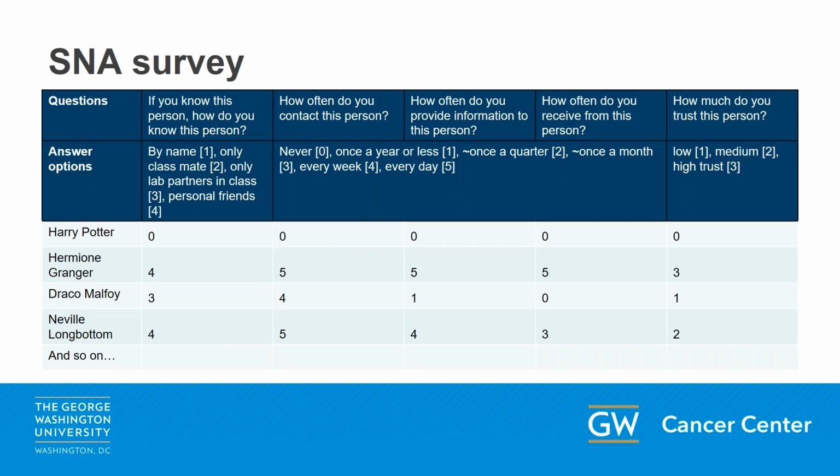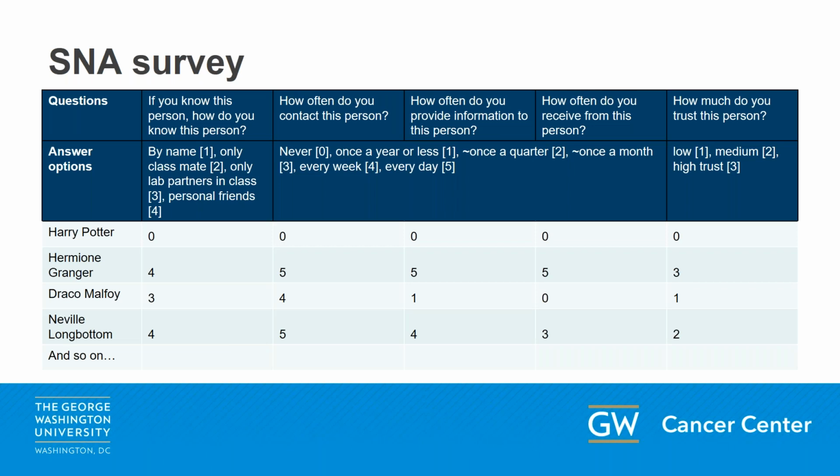We asked each attendee about all of the other attendees, like how they know them, if they know them at all, how often they contact them, how often they send and receive information or technical assistance, and how much they trust them.